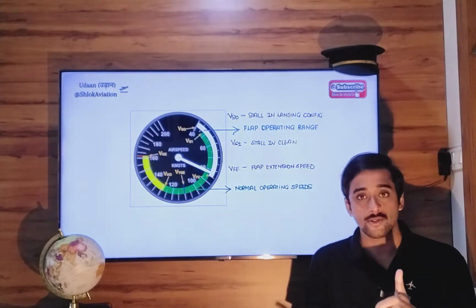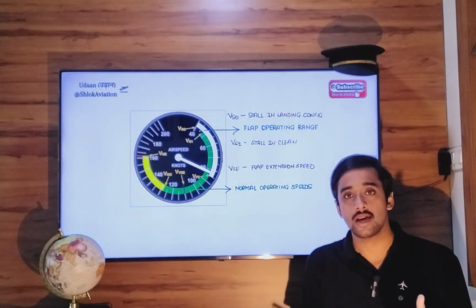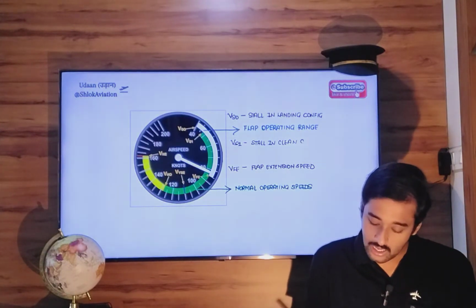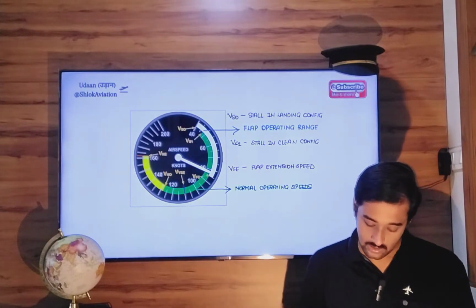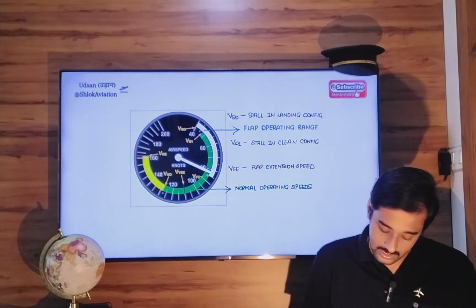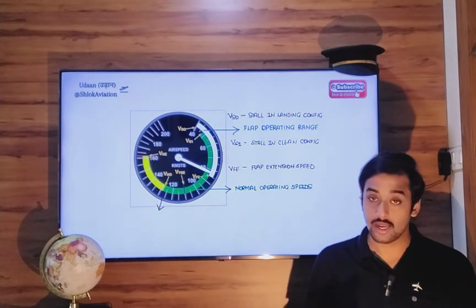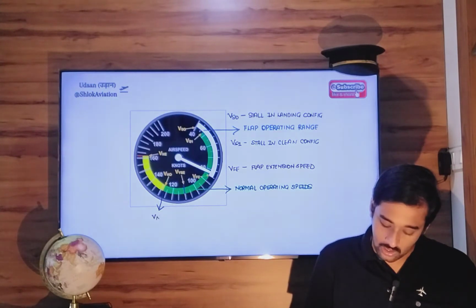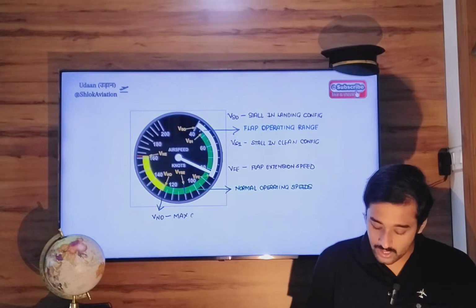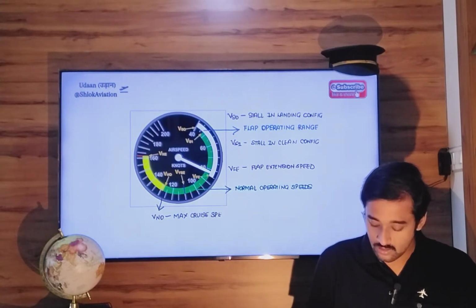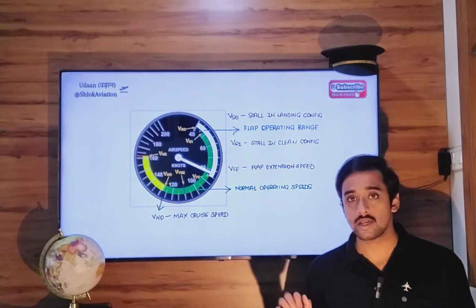That means you're not using your landing gear, landing gear is not extended, and flaps are not extended. Next, the upper limit of this green arc is VNO. Now what is VNO? It is the maximum cruise speed or maximum normal operating speed.